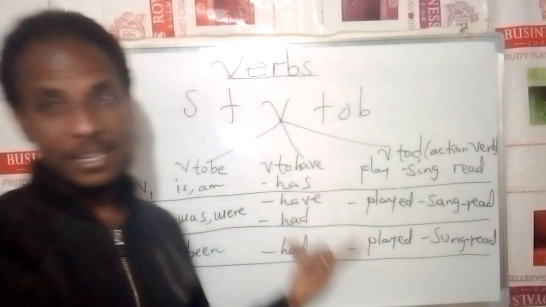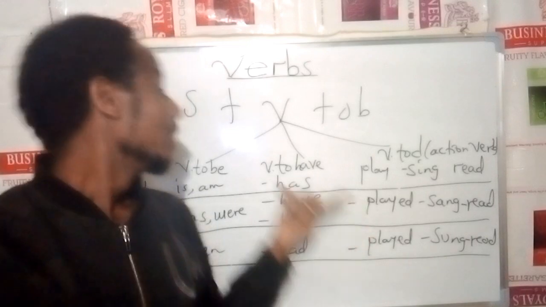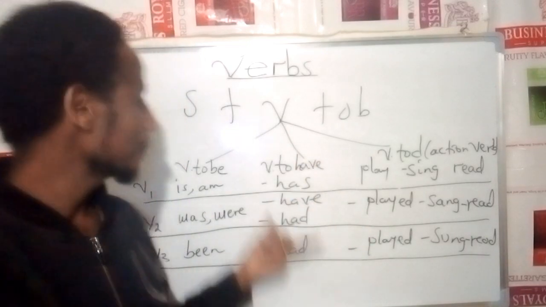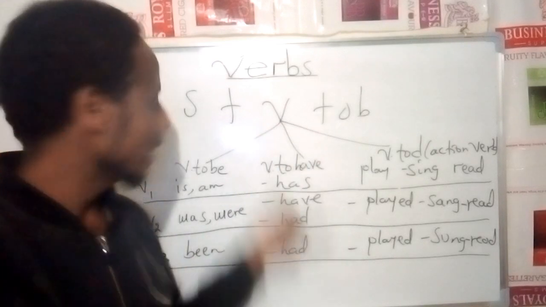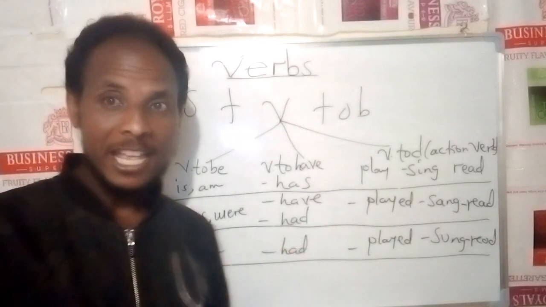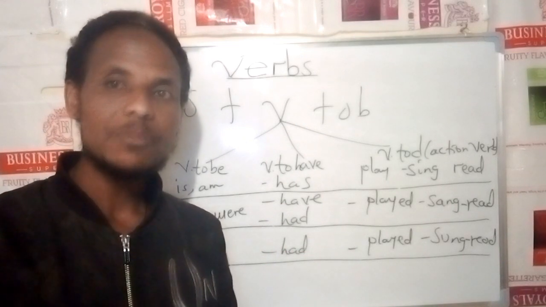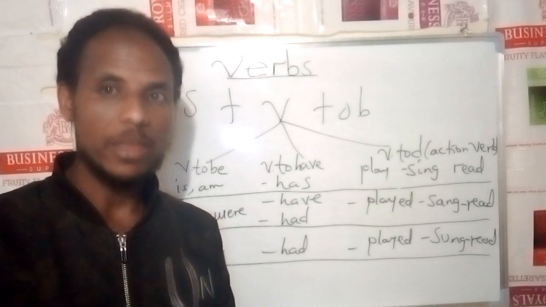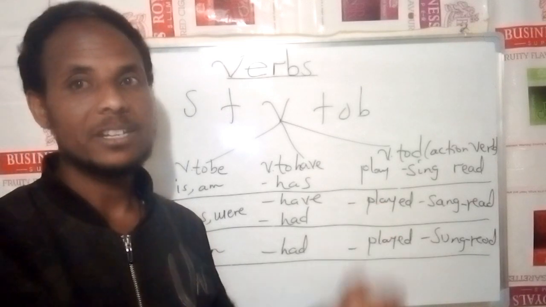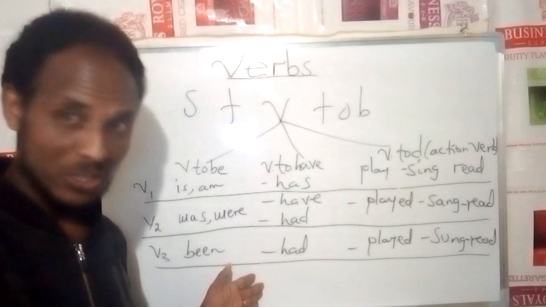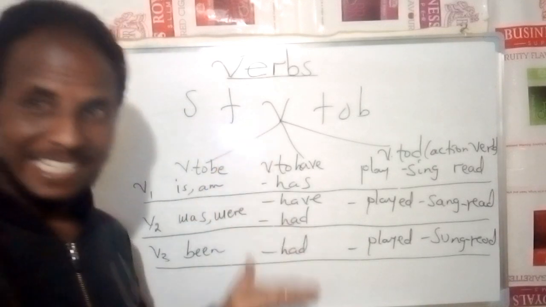As a result, they are sometimes called linking verbs or auxiliary verbs. Auxiliary verbs are verbs that can help in connecting the subject of the sentence with the object or the predicate part of the sentence. So they may be called auxiliary verbs or linking verbs.